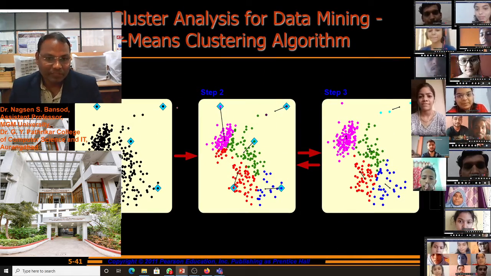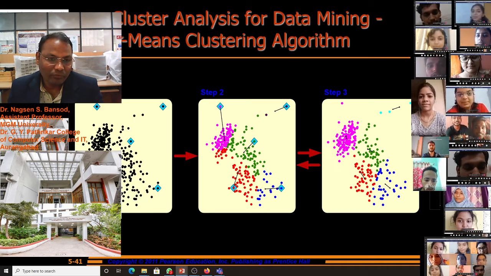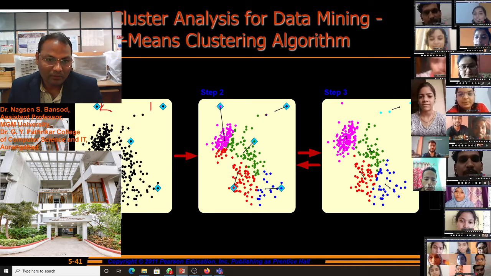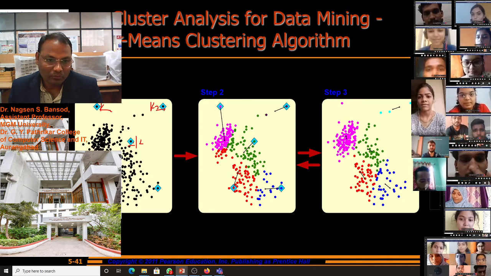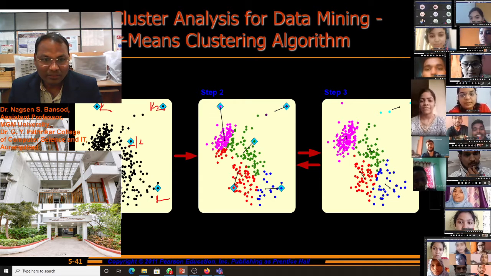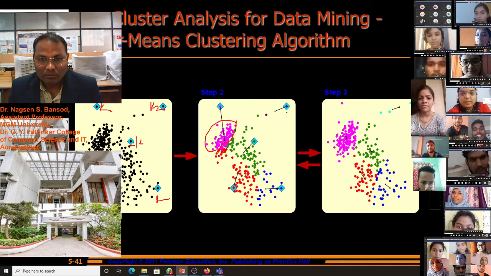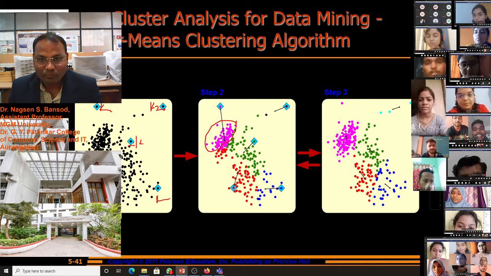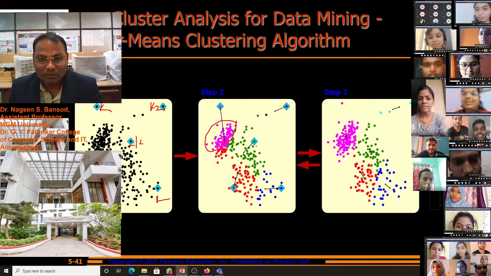Now see step 1, step 2 and step 3. In step 1, we will find the k, then assign the nearest value of this k. These are the pink clusters. This is violet, only one point.